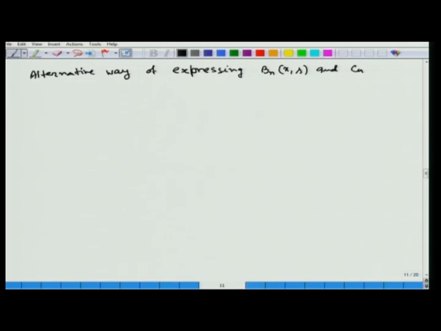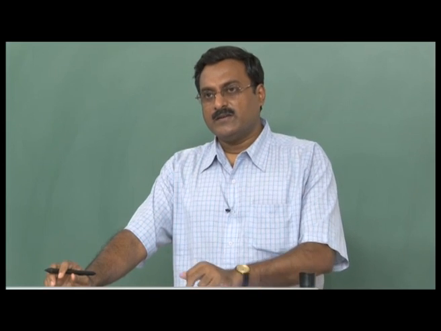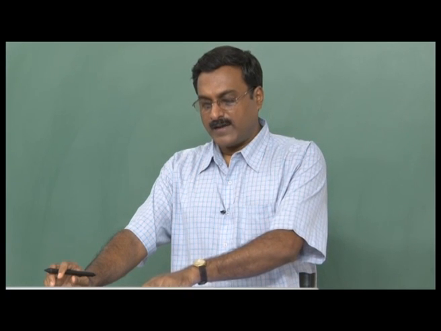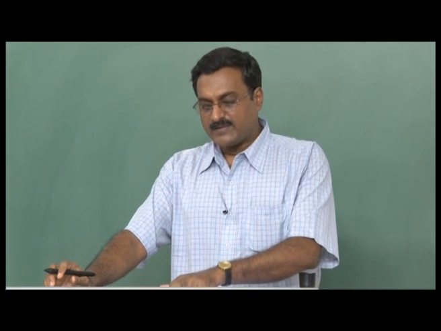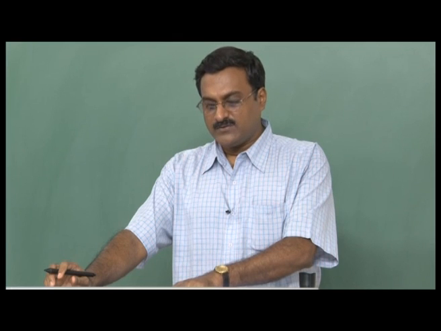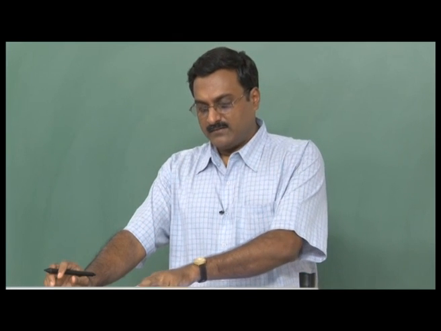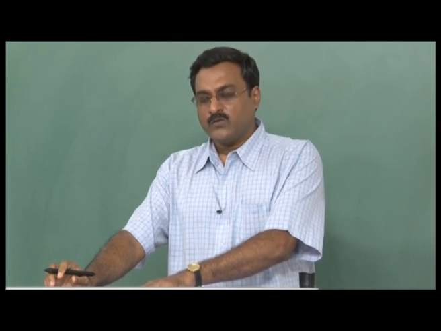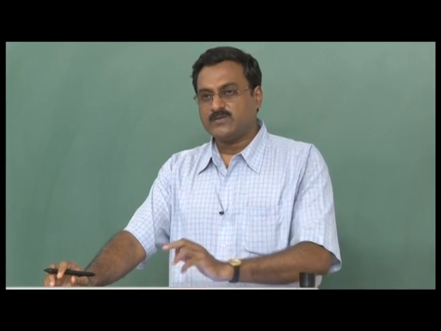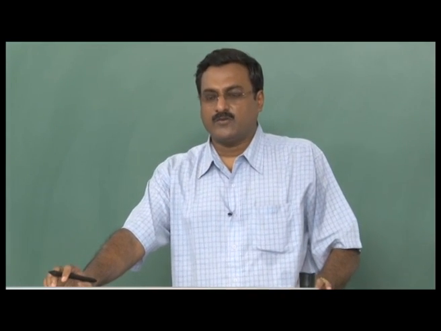And here this alternative way is important because in the earlier method you have observed that calculation of Bn(x, s) depends upon the value of Cn and the expression for Bn minus 1(x, s), and evaluation of Cn was related to the expression for Bn minus 1(x, s).